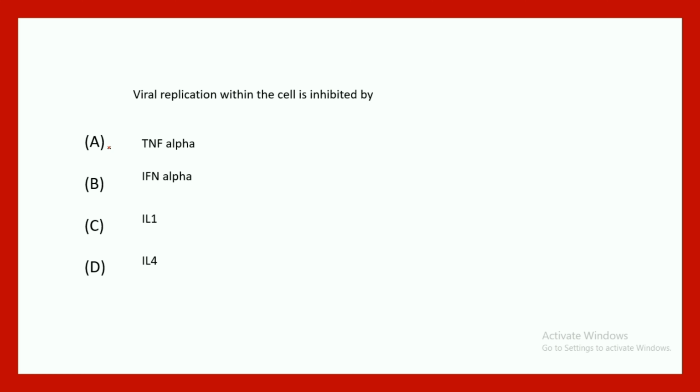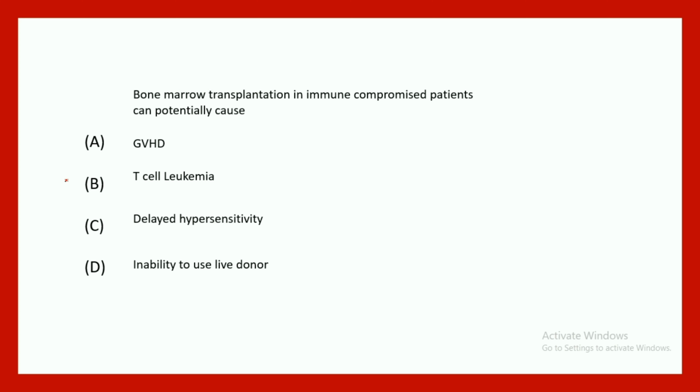Viral replication within the cell is inhibited by tumor necrosis factor alpha, interferon alpha, IL-1 and IL-4. So the correct option is again interferon alpha, because interferon interferes with viral assembly, right? Then the last question is, bone marrow transplantation in an immune compromised patient can potentially cause, so this individual was immune compromised, right?